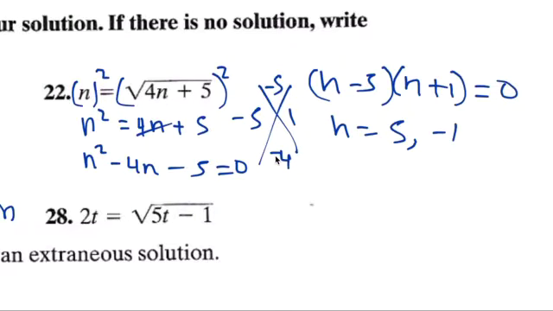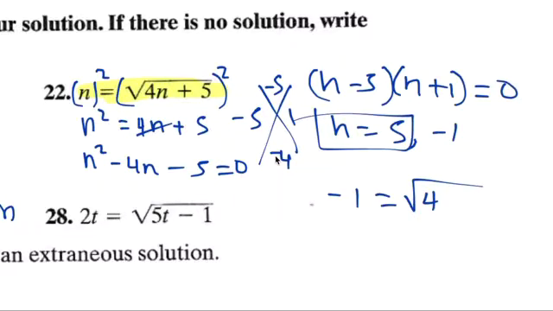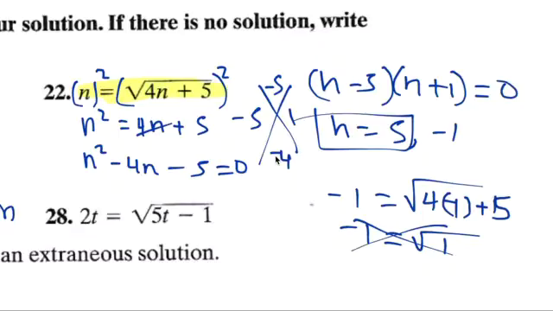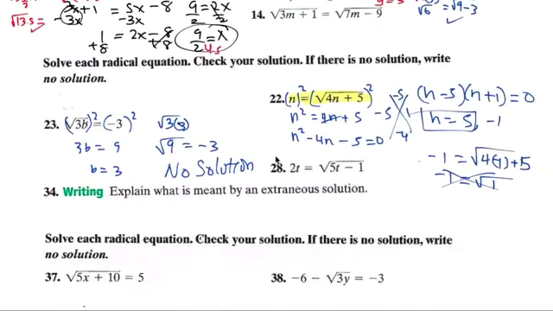So substitute that in there. The only one that worked is 5. Because negative 1, you have negative 1 equals the square root, it's not possible. Your answer is not positive, a square root answer is never negative. Not possible. Okay, so the answer is just 5.